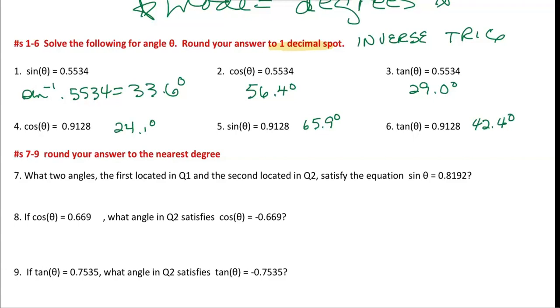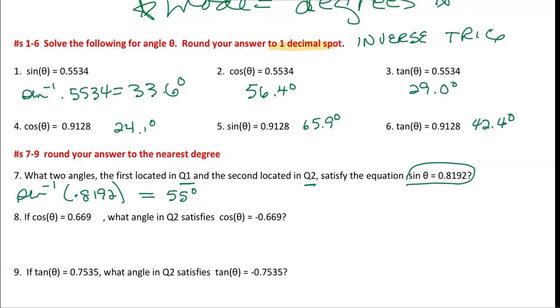All right, what 2 angles? So this is going to be a little different. The first angle is going to be in quadrant 1, and the second one's in quadrant 2. If you're going to deal with sine of beta is 0.8192, what you would do is you would say sine to the -1 of 0.8192. That's going to give you an angle in quadrant 1 that's going to be 55 degrees.